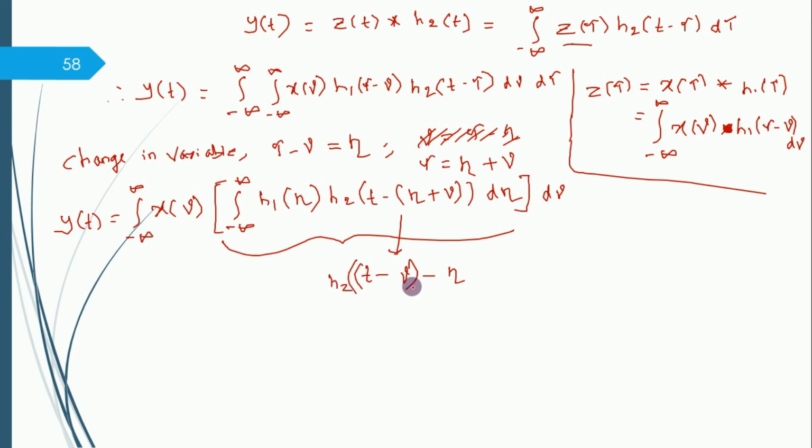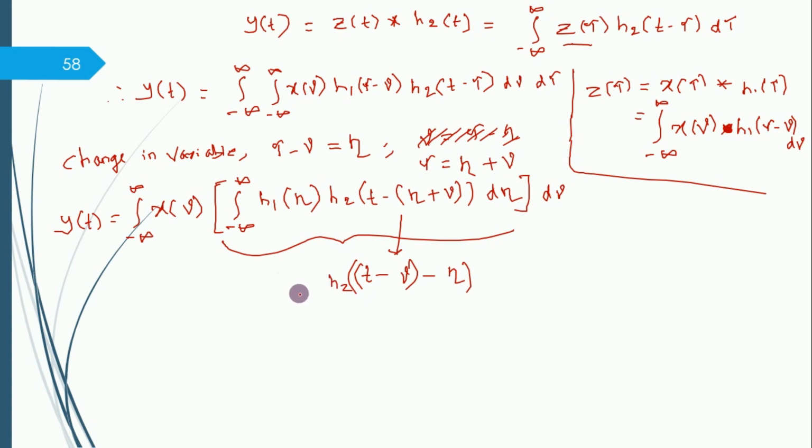This is h2, I am writing only this one, t minus v minus eta.